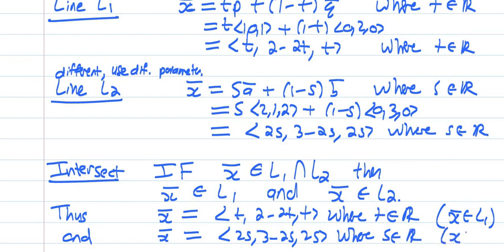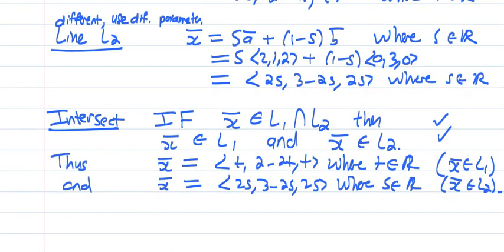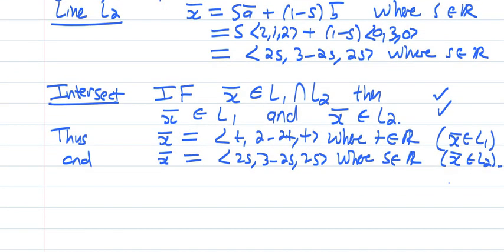Why? Because x is also sitting on line 2. Guys, marks will be allocated for us to see that if a point is sitting on both lines, the point is sitting on line 1 and line 2. Yes, it is obvious, but you got to state this.